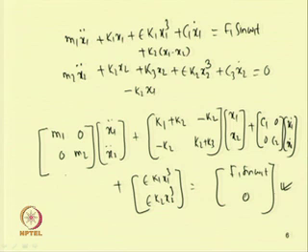Now we can see that this is a coupled equation: though the mass matrix is uncoupled, the stiffness matrix is coupled, because in the first equation itself we have the term with x2. That is why we have coupling in the stiffness matrix, and not in the mass matrix.